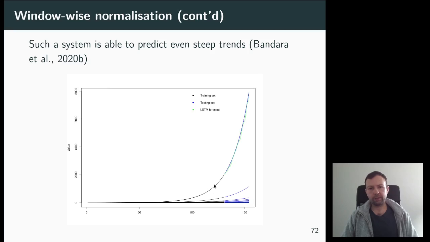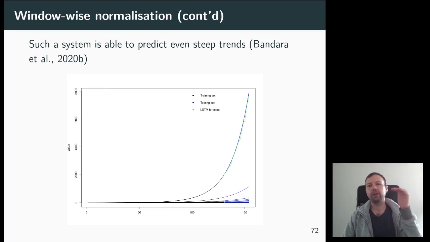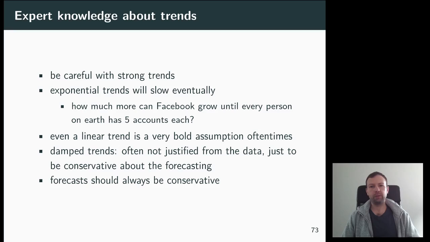We are learning across series, so you see here many series, and in green, you can't see it very well, but it's following quite nicely this blue line. That's our predictions, and it's not a rolling prediction, but the LSTM predicts this whole output window in one go. So you see it's really able to predict this very steep trend forward, very different to what we've seen before, where it would just stop at the highest value it has seen.